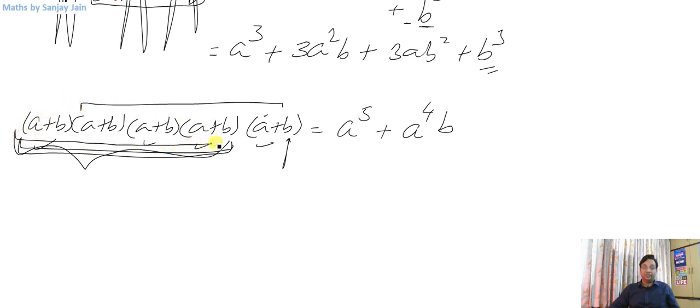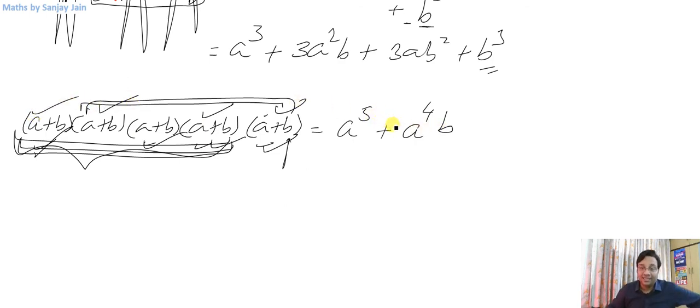You can select these 4, you can select these 4, you can select this and this one, you can select this and these 2. In how many ways can you do that? I can select these 4 brackets out of these 5 in 5c4 ways, right? And then I'll have a raised to power 4 into b.